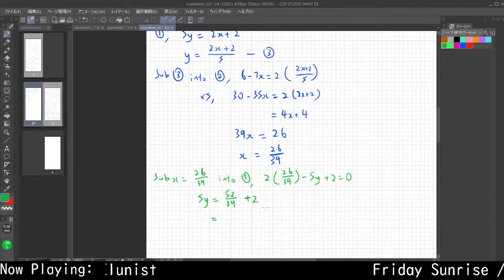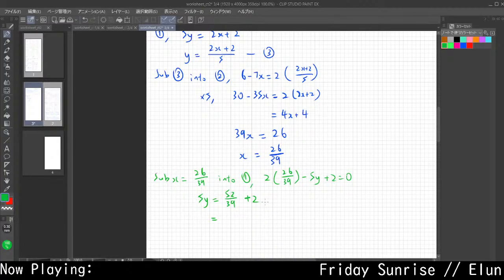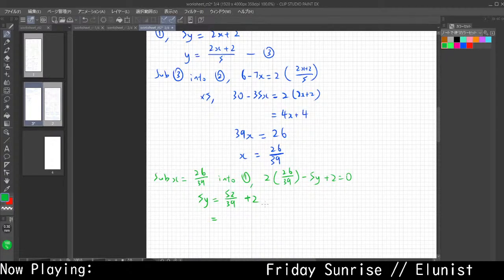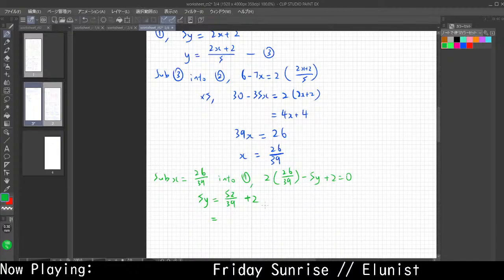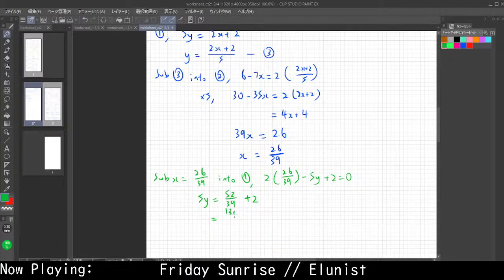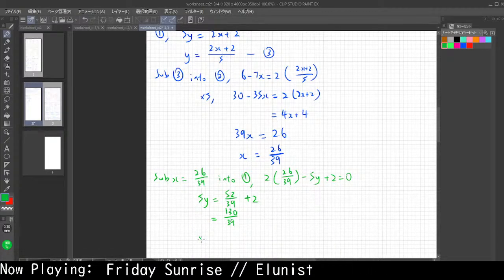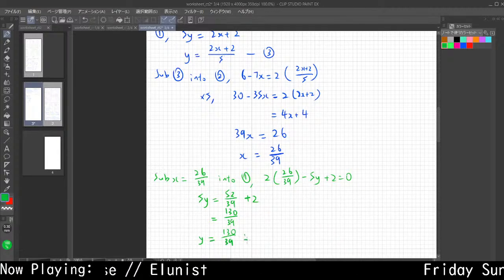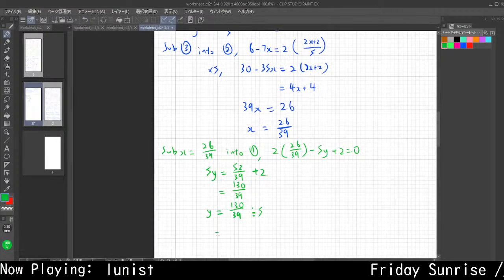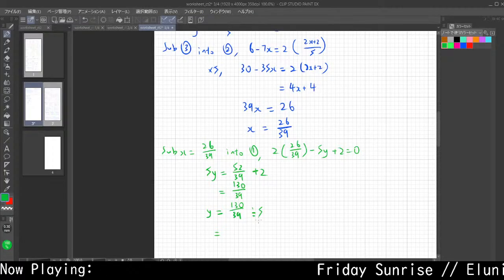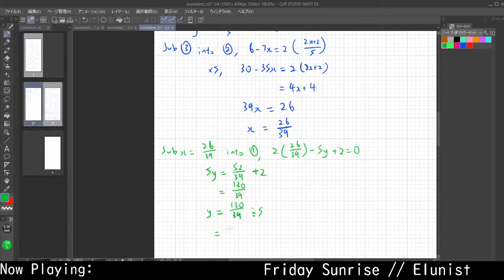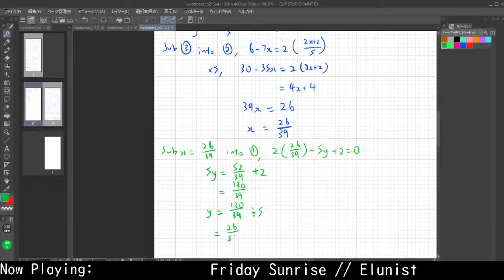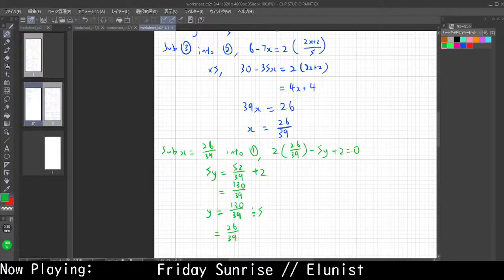This equals to 78 over 39, 78 plus 52, you get 130. And then the 5 you bring over to divide, you should get 26 over 39. Wait, what?